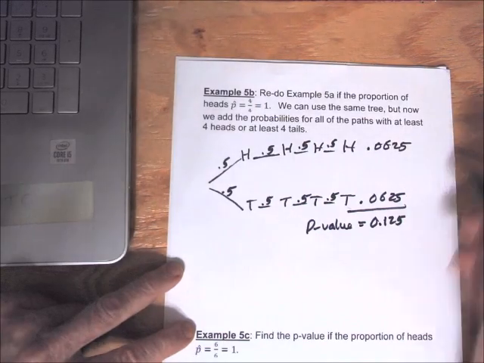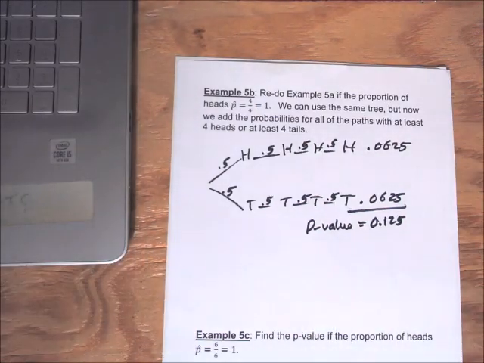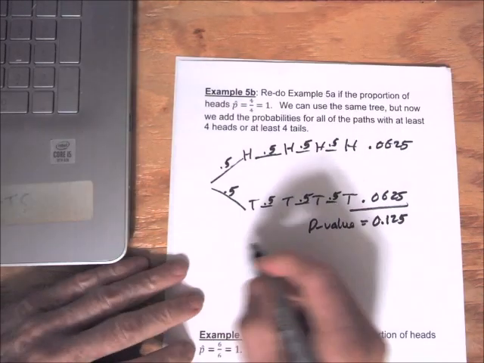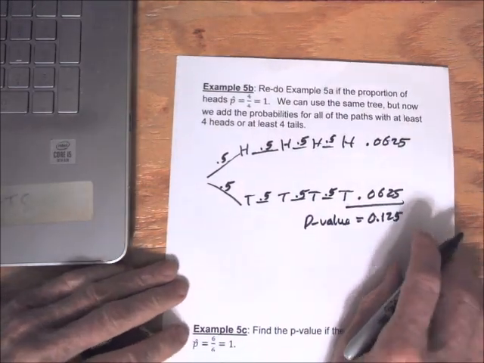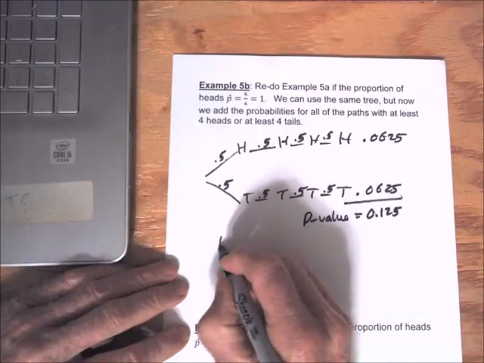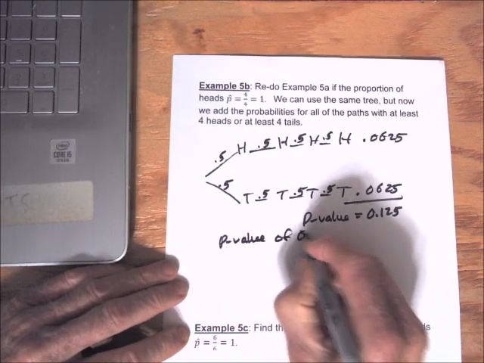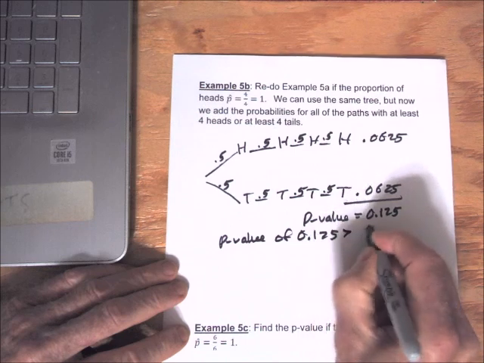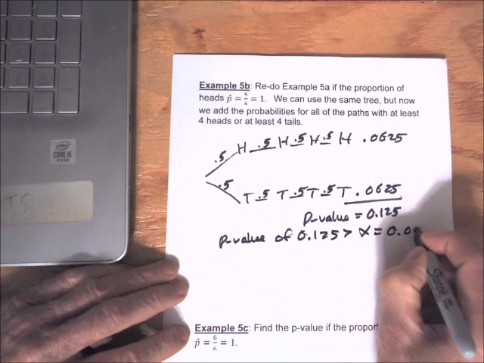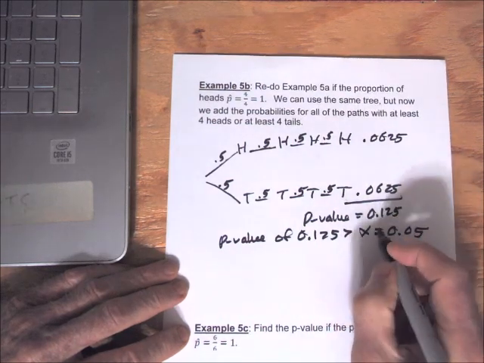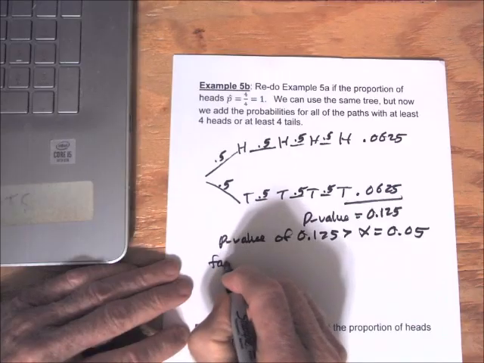Yep. Okay, so that's a lower p-value. It's still not enough to reject h naught. So this p-value of 0.125 is greater than alpha, which is 0.05. So again, we fail to reject h naught.